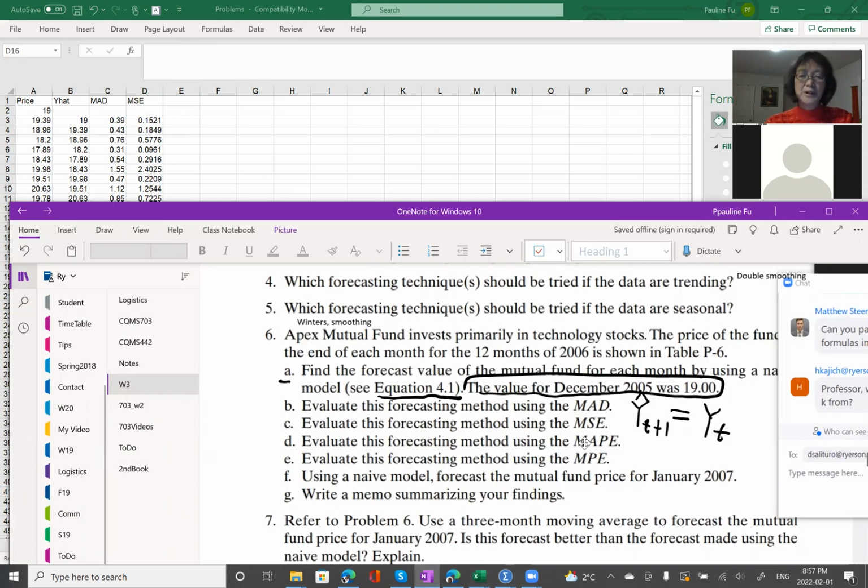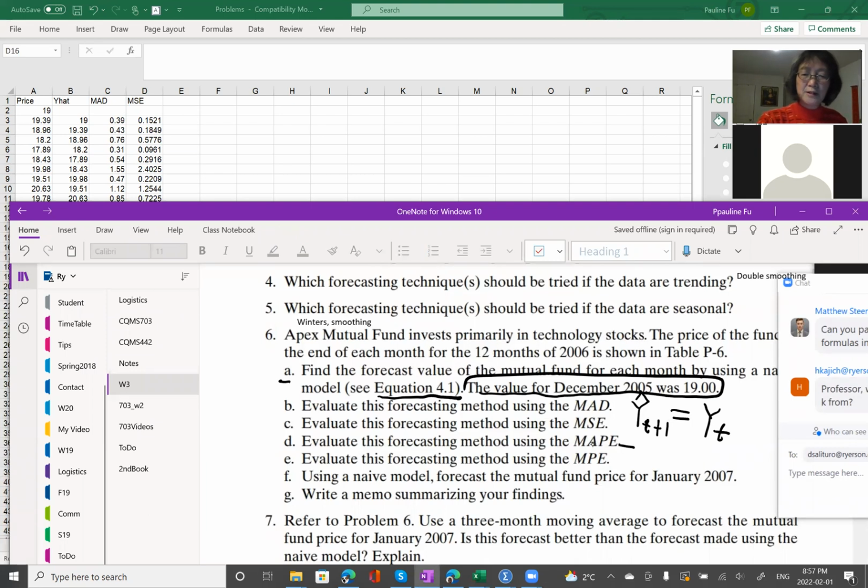And then do MAPE. Okay. So MAPE. The formula, I'll try to recall the formula.